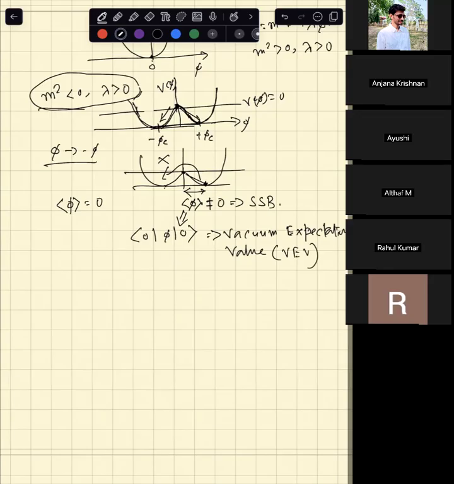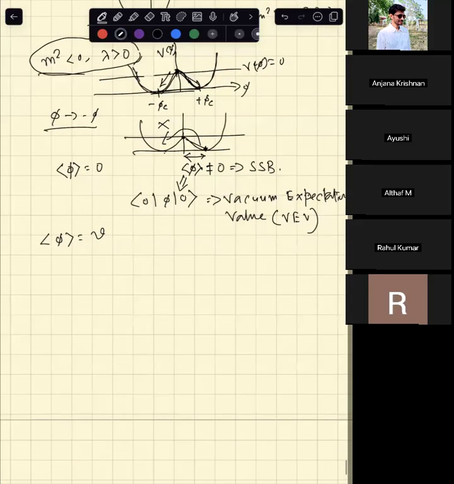Okay. So now, if there's a non-zero vacuum value, let's call this phi vacuum value some V. Now let's see what happens in a simple case. I have a scalar field and there's a gauge theory. Let's say the gauge theory is U(1).